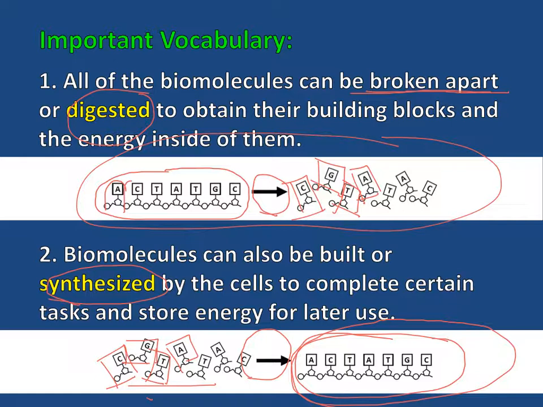Catabolic, to break apart, anabolic, to build, to synthesize. Make sure you have up to question 20. And then just make a quick note here. This catabolic and anabolic, this digested and this synthesized, these are just opposite reactions. So one breaks apart and one builds, complete opposite.